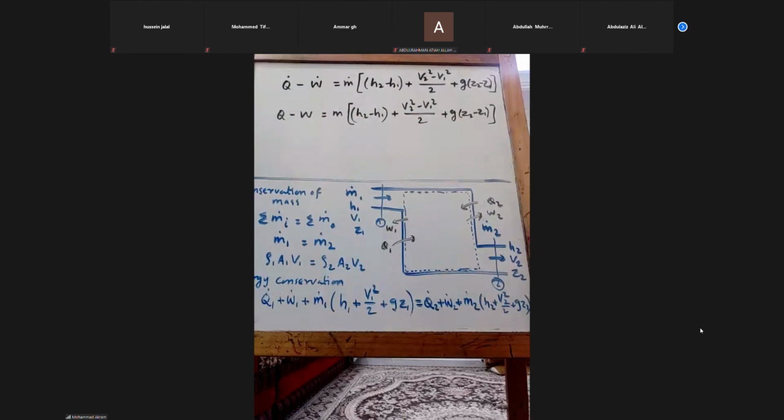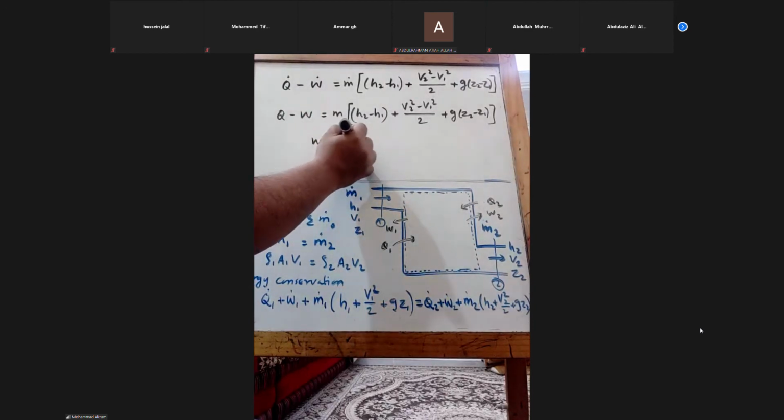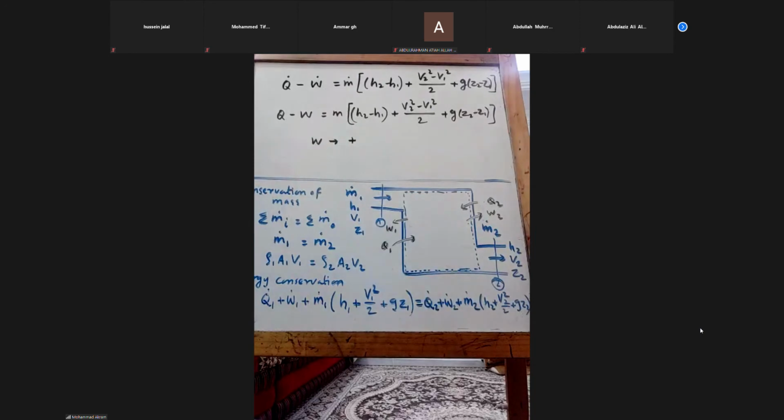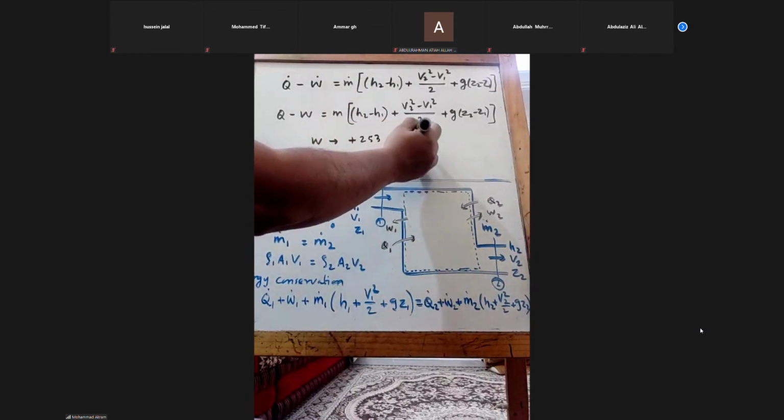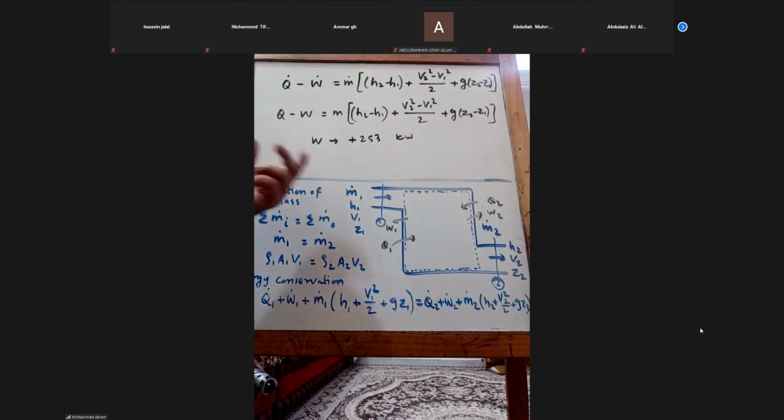The only thing is, if you are calculating W and it comes out as some positive value, say 253.84 kilowatt, like we just got, what does positive mean? Work is positive, which means work is produced by the system.